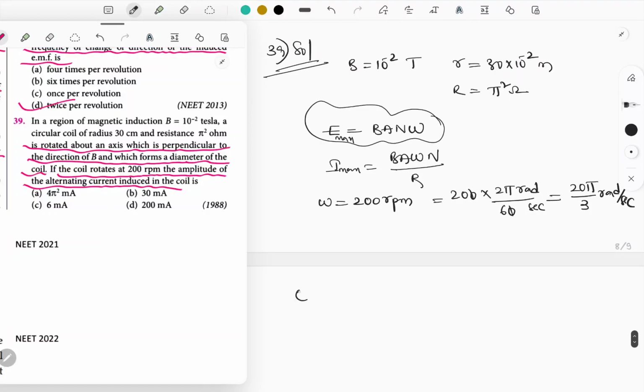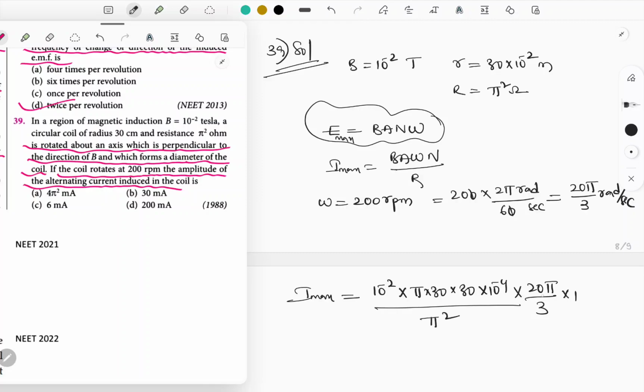Now let me substitute I maximum, right? I maximum is equal to B value 10 power minus 2. A is pi r square. R is 30 into 30 into, r square is 10 power minus 4, into omega is 20 pi by 3, into number of turns is 1, divided by resistance of the circuit is pi square.